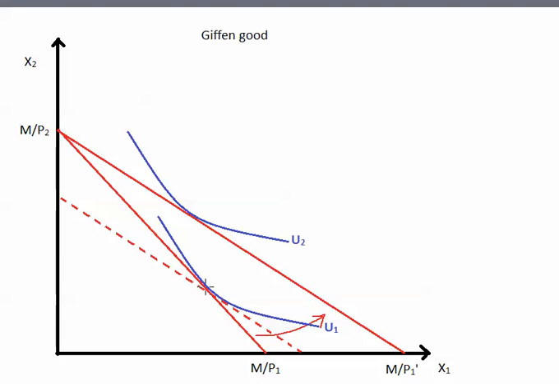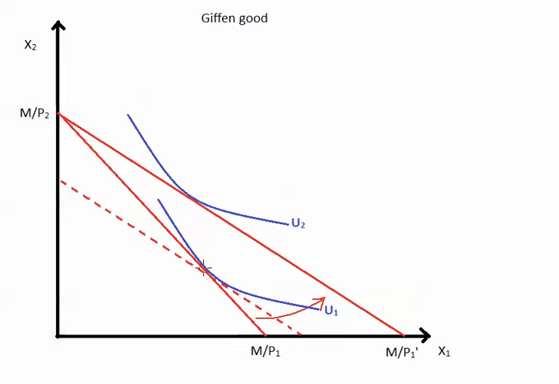Here we have our original bundle A, where the original budget constraint is just tangent with the consumer's highest indifference curve. And after we rotate the budget constraint around the original indifference curve, we find a new point of tangency at the new price ratio, B. So this is going to be our substitution effect.